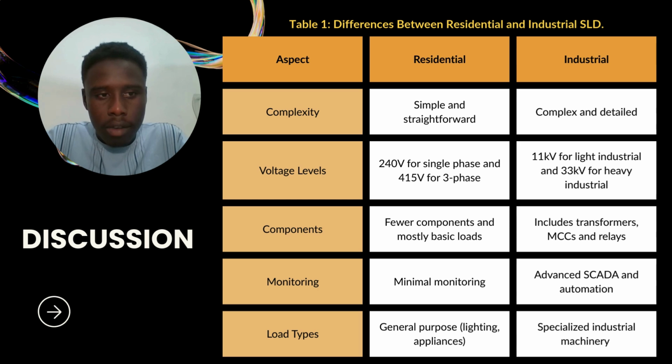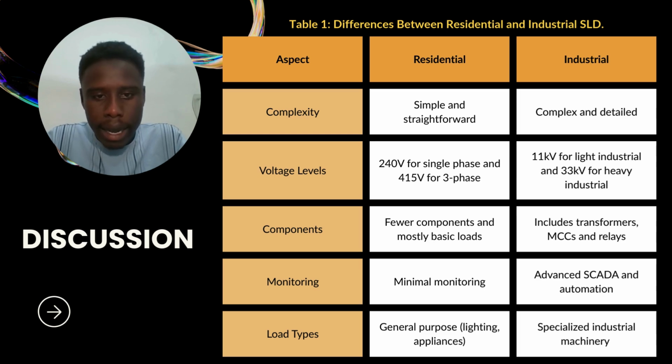They include few components and are mainly used for general purposes like lighting and household appliances with minimal monitoring. On the other hand, industrial SLDs are more complex and detailed.